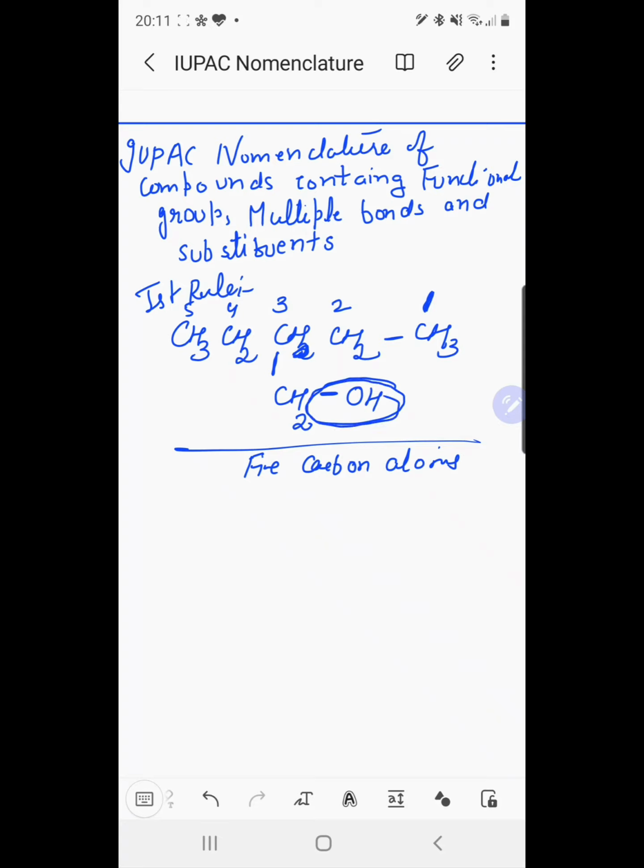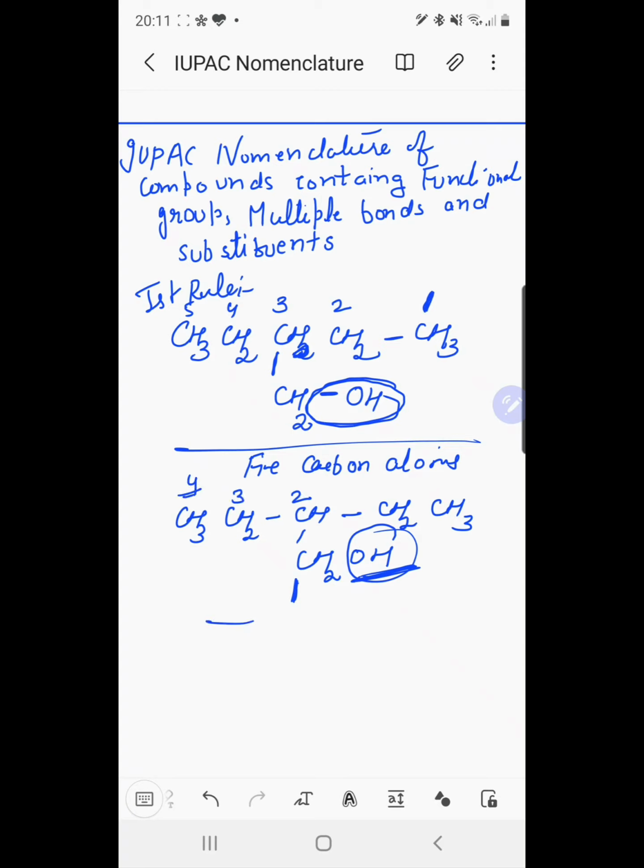So we will start the numbering of this compound CH3 CH2 CH CH2 OH CH2 CH3 from this end, where OH is the functional group: 1, 2, 3, 4. So the longest possible chain is of 4 carbon atoms.